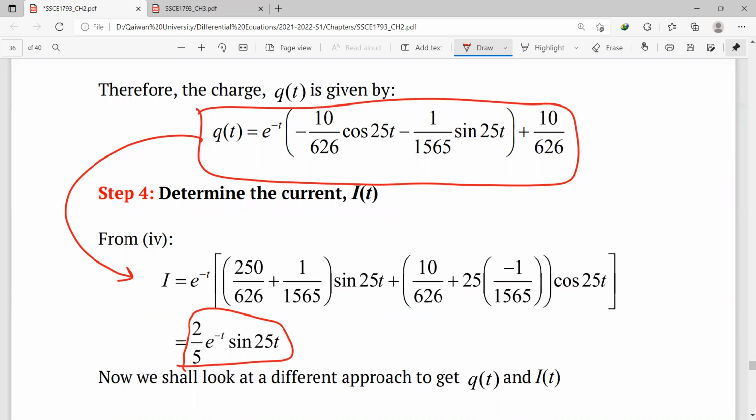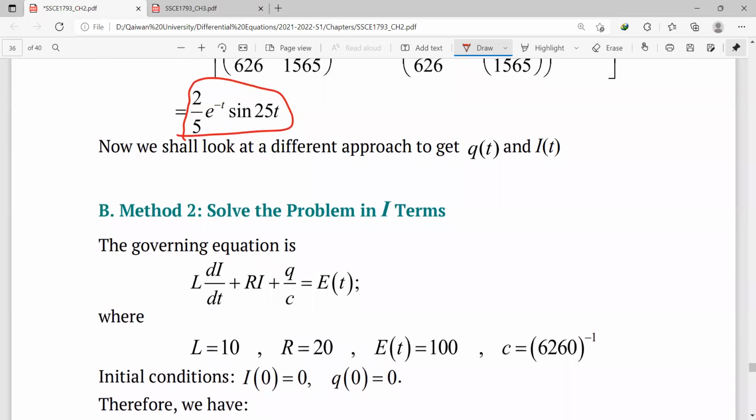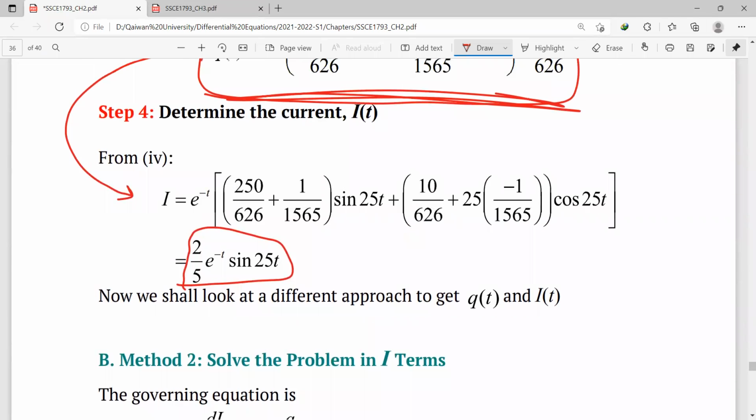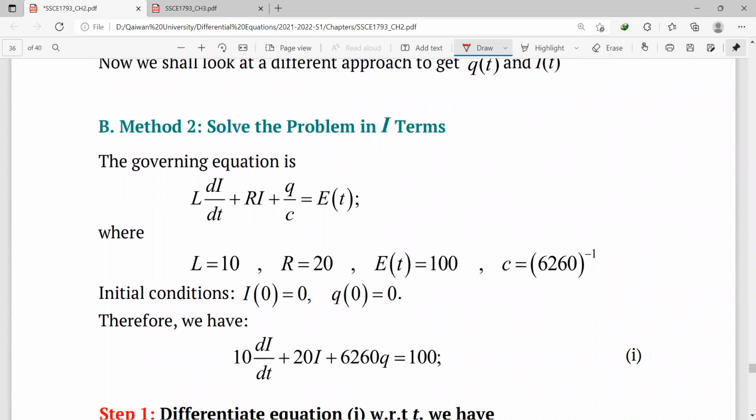That's I. So now we say this is I and that's Q. Here we solved the differential equation for Q and got this solution. So what if we solve it for I? If we solve it for I, we have the second method. You can either solve it that way, and you can also solve it this way.